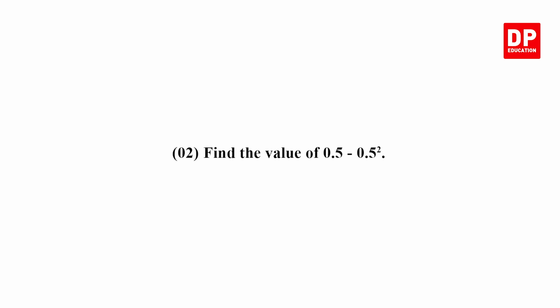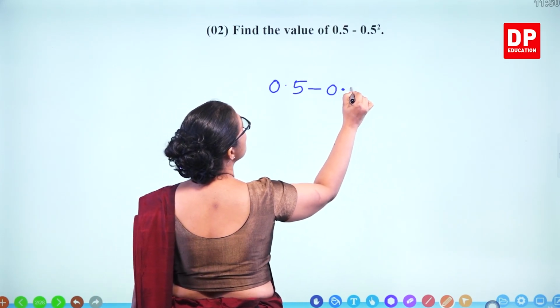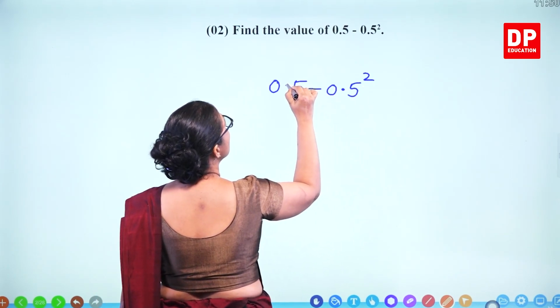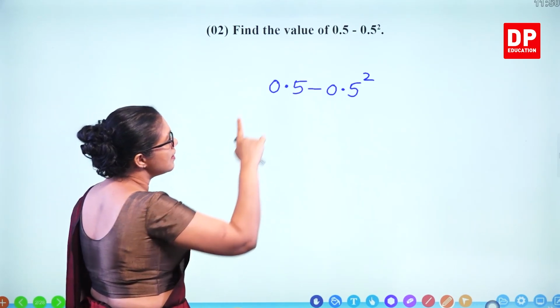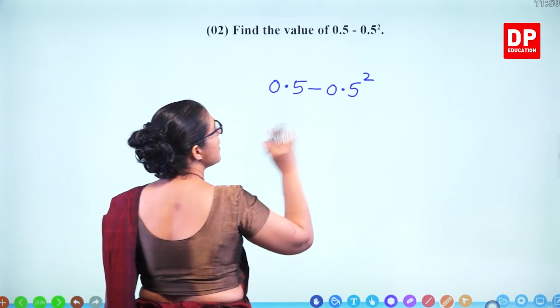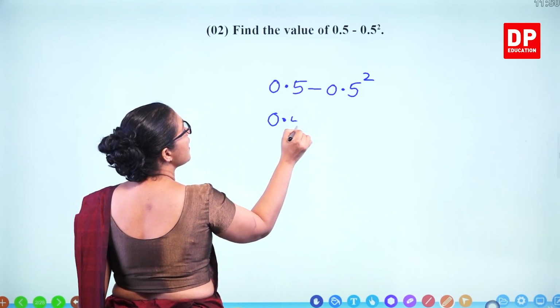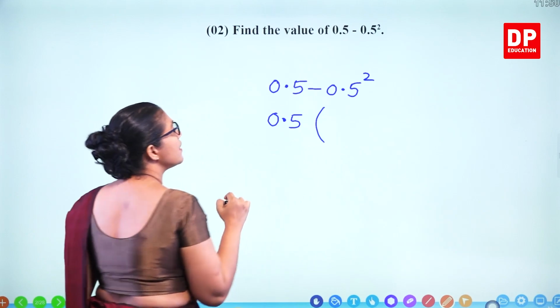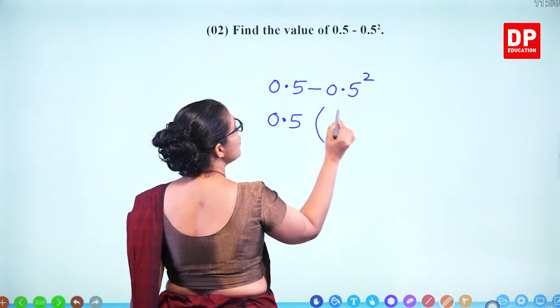Question number 2. Find the value of 0.5 minus 0.5 squared. You can use the factorization method, or find the answer and subtract. We'll do both ways. Here I can see 0.5 is common, so I can factorize and take the common term out.